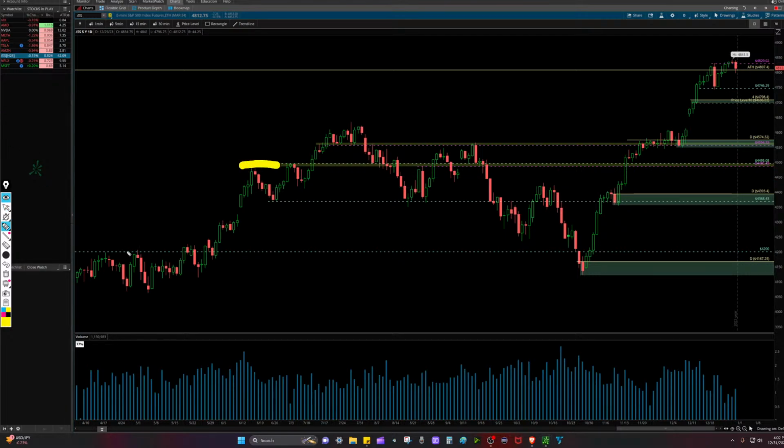So if I have to describe it to you, it would be like this. First time it came up, retested here, and then there, broke above, broke down. See, every time around this level there's so much happening.